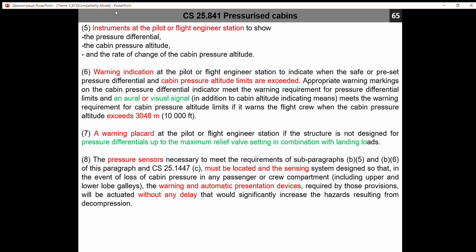So it may be connected with pressure differential, or maybe a restriction in the rate of change of cabin altitude. Also pressure sensors, and this system must provide this information without delay.